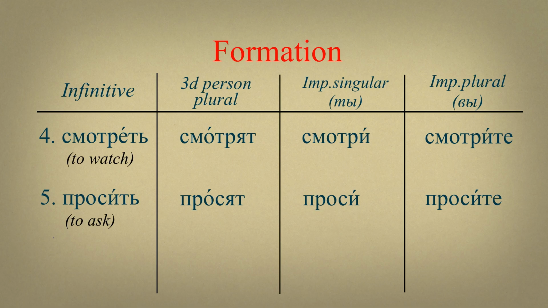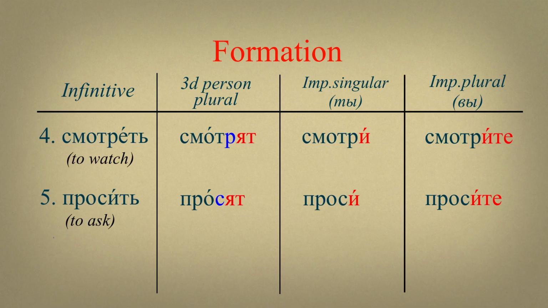Смотреть, смотрят, смотри, смотрите. Просить, просят, проси, просите. In these examples, и and ите are added because the present stem in the verbs ends in the consonant r in a word смотрят and с in просят.